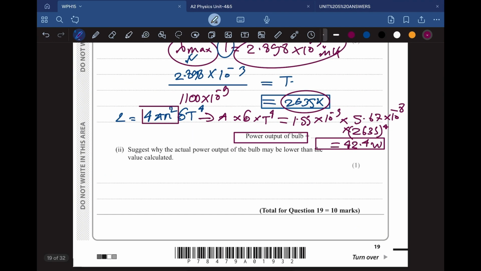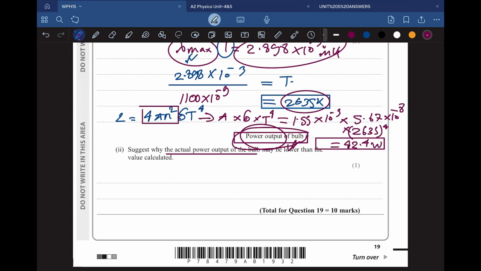The next part says suggest why the actual power output of the bulb may be lower than the value calculated. Now the actual power output of the bulb will be lower because this power output is the power output from the internal part of the bulb. But when this output is given, some of this energy will be absorbed by the outer surface, which is the glass of the bulb.